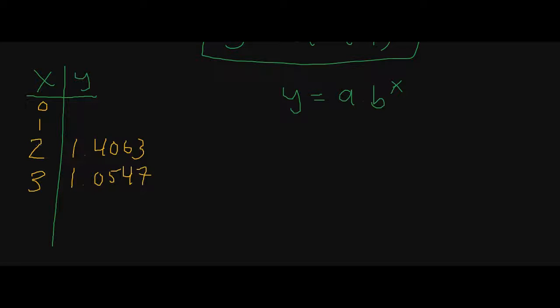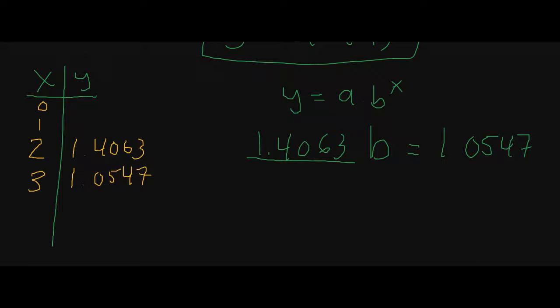So we know that if we can just figure out 1.4063 multiplied by what to get 1.0547, we can find out what this b value is right there. So I'll go ahead and set that up. 1.4063 multiplied by our b value, our constant multiplier, should equal 1.0547.